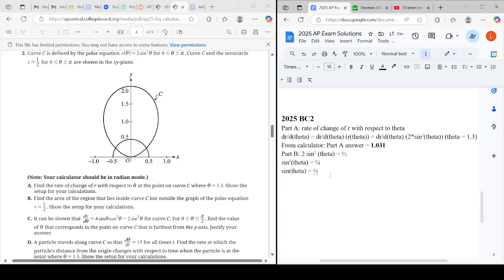Within 0 to pi, this means theta equals pi over 6 and theta equals 5 pi over 6.